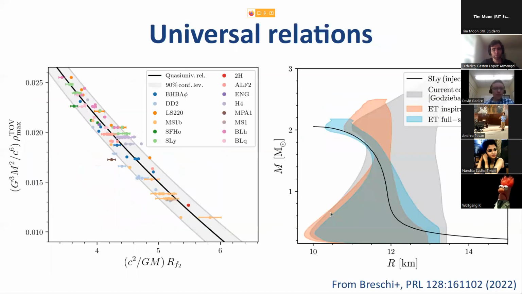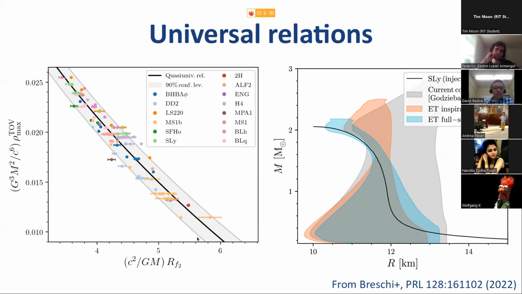Here I want to highlight one that we have recently put out, in which we have noticed that there is a characteristic radius of the remnant that can be constructed using this frequency that we call the Keplerian radius here. And that this radius has a universal relation that links it to the maximum density achieved in the maximum mass neutron star.